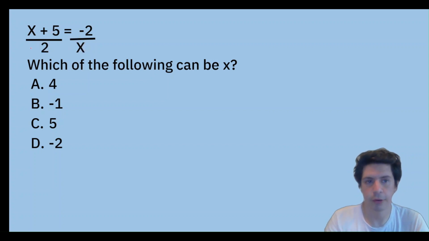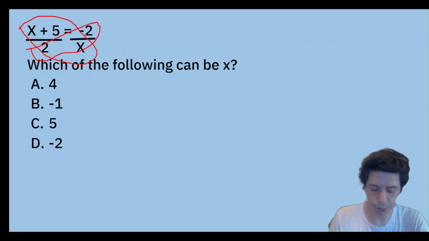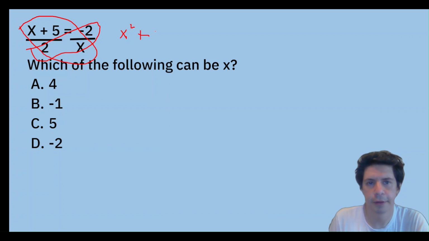So again, we're gonna cross multiply. 2 times -2, x times (x plus 5). And that's going to give us x squared plus 5x equals -4.